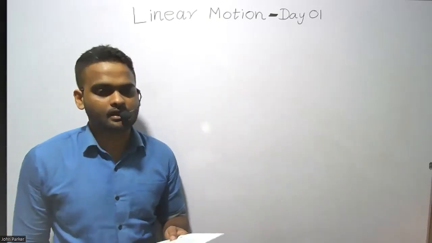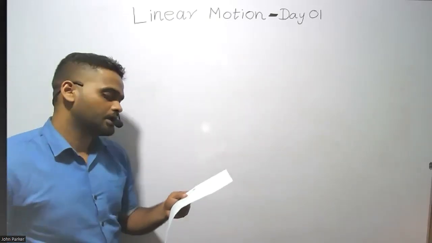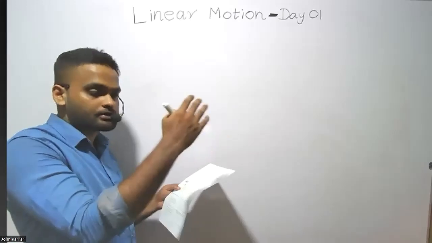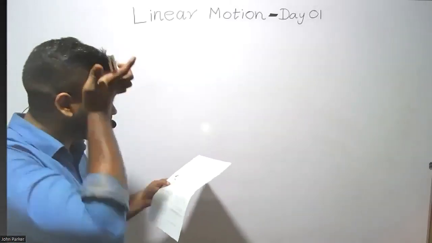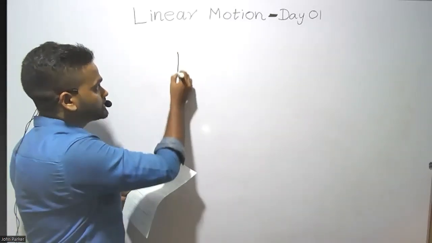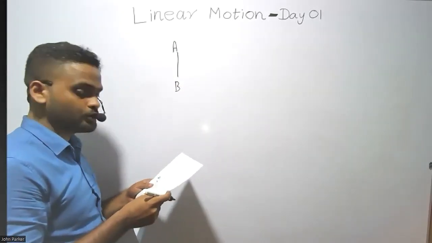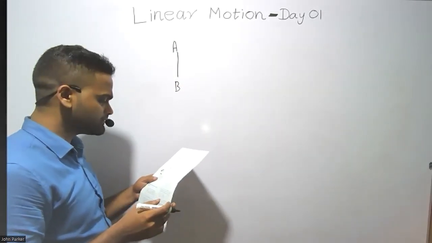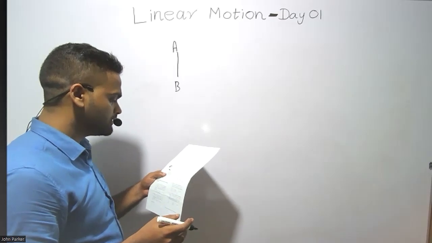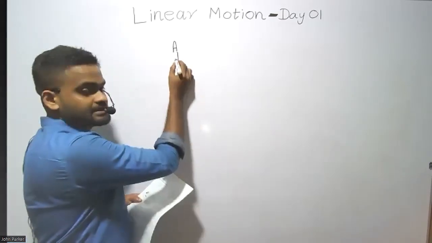Still we didn't start on acceleration. Still we are talking about constant velocity questions, okay? So we have two cars. One is A, another one is B. You can draw a sketch if it is not clear. Both start at the same place.